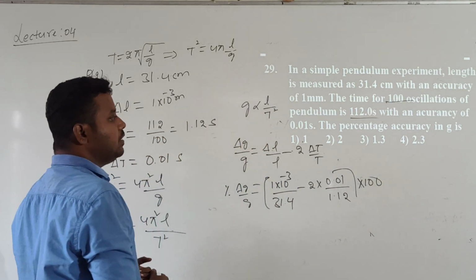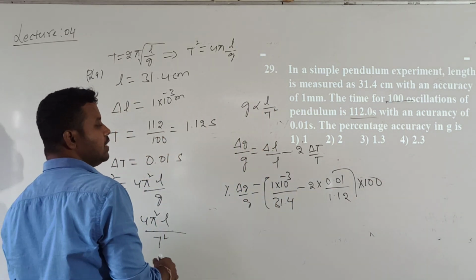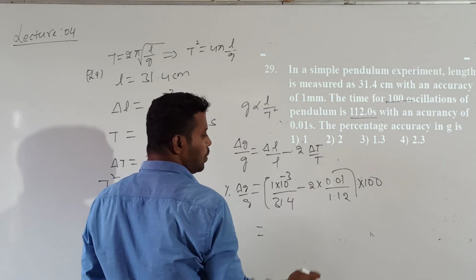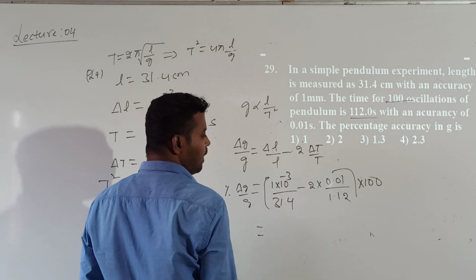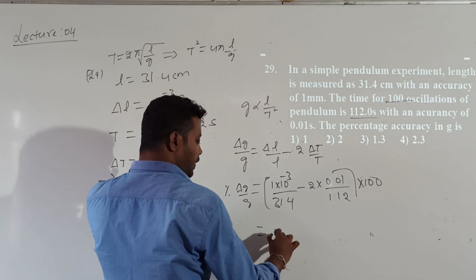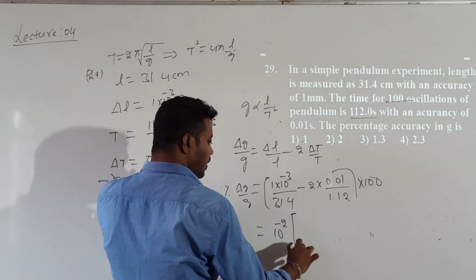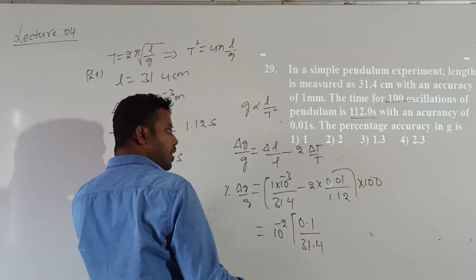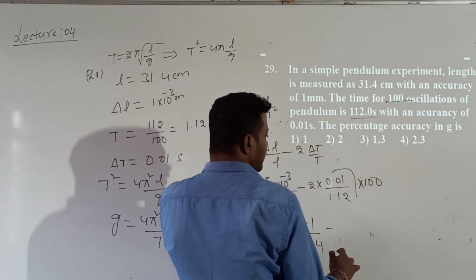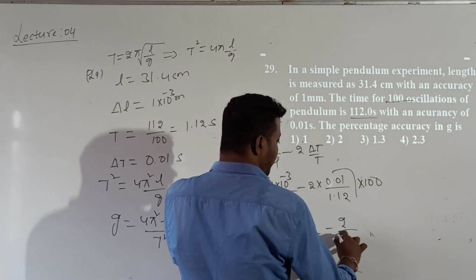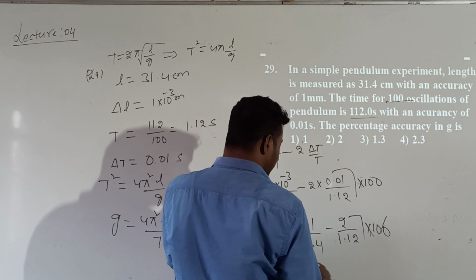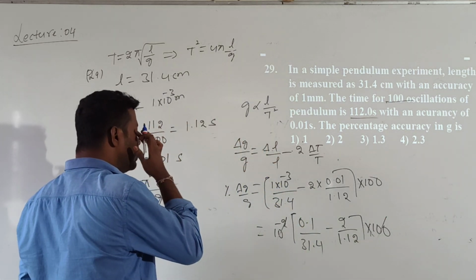If you simplify this, taking 10 to the power of minus 2 common, we get 0.1 divided by 31.4 plus 2 divided by 1.12, into 100. The 100 and 10 power minus 2 cancel.